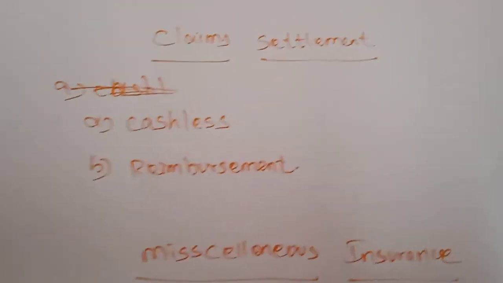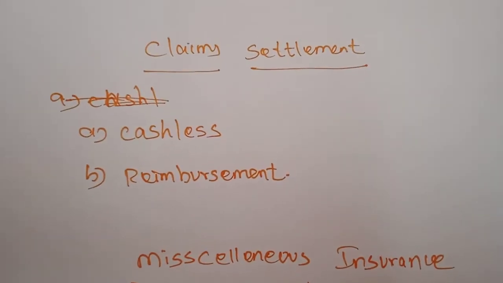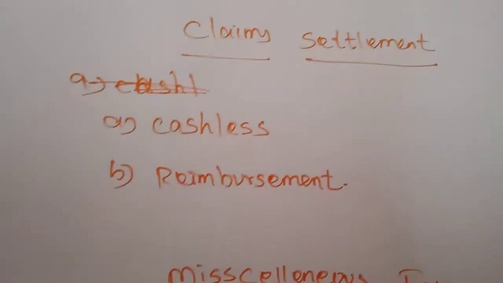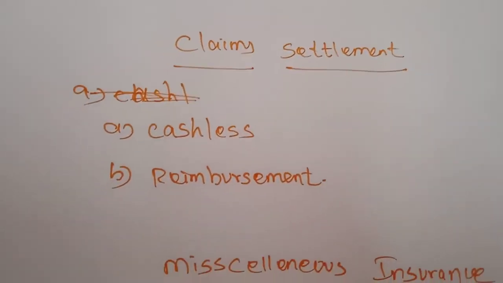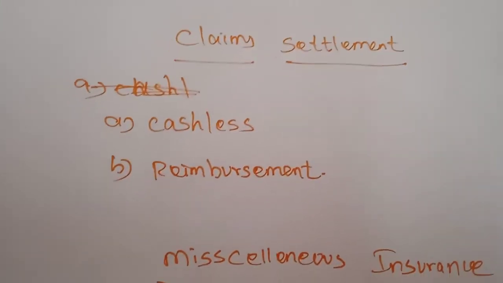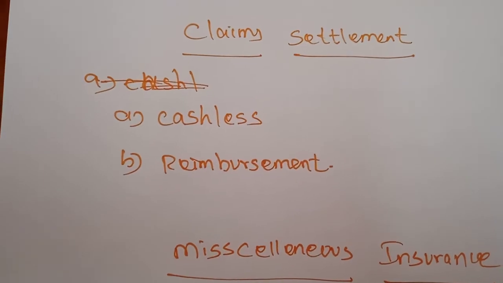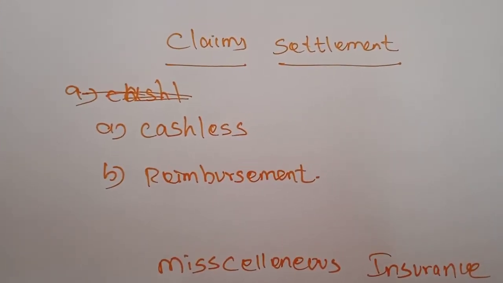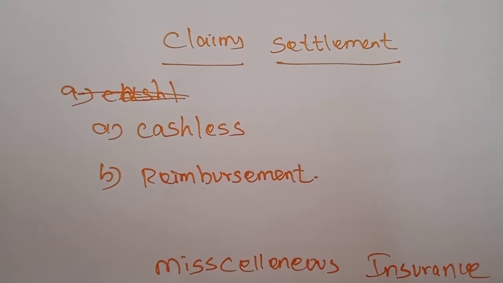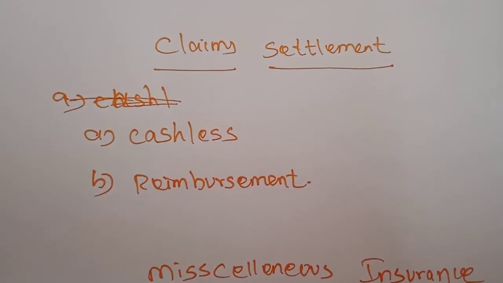Next, how the claims are settled. In two ways, we can settle the claims. First, the claim amount needs to be approved by the TPA, and the hospital settles the amount with the TPA.